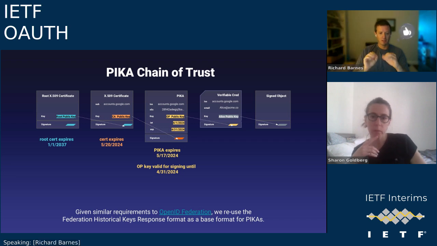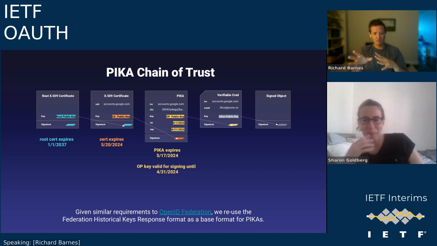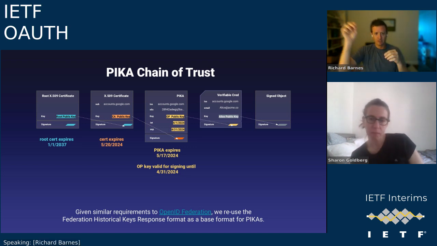So all we're talking about here is, instead of doing that web PKI chaining through HTTPS and sending that in a TLS connection, doing that with a signed object instead.